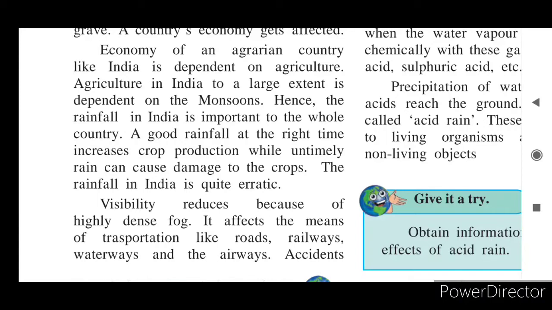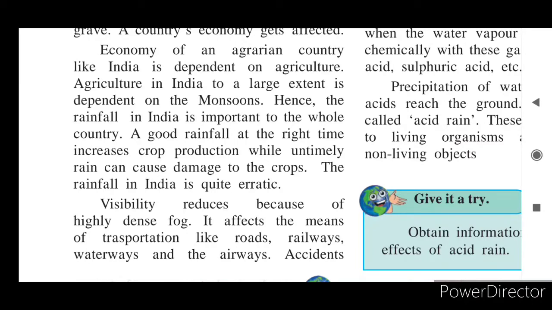Visibility is reduced because of highly dense fog. Now here they are saying that due to fog visibility is reduced, because we cannot see a clear image. It affects the means of transportation like roads, railways, waterways and airways.